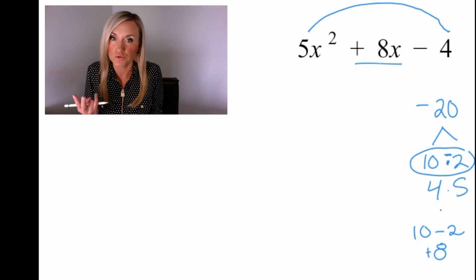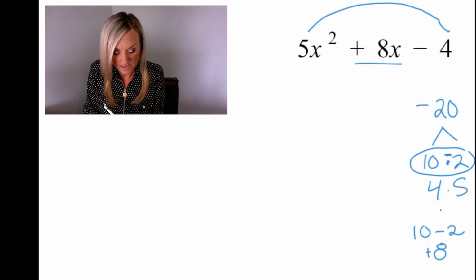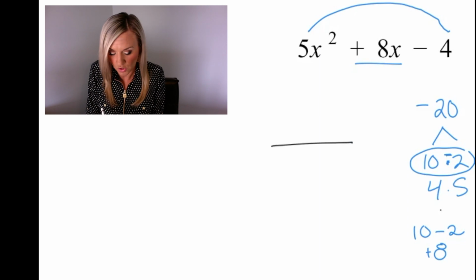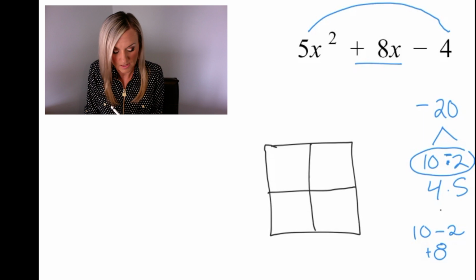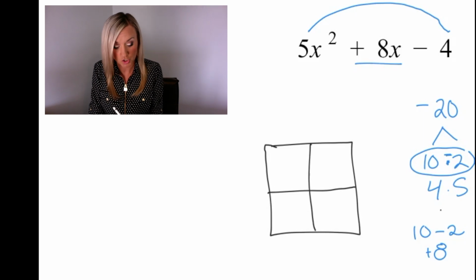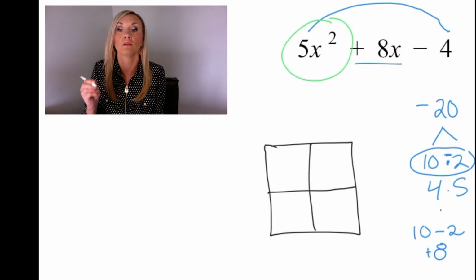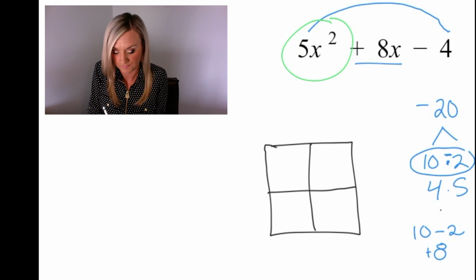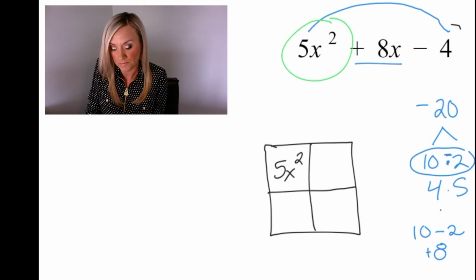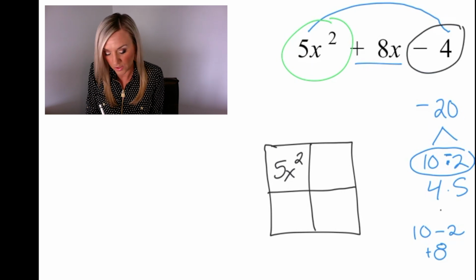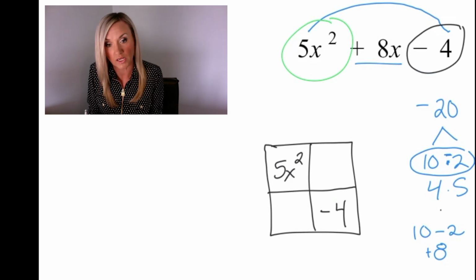After you've found those two factors that work, the next step is to draw the box. The first term, 5x squared, goes in the first box. And the last term, that negative 4, goes in this last box right here.